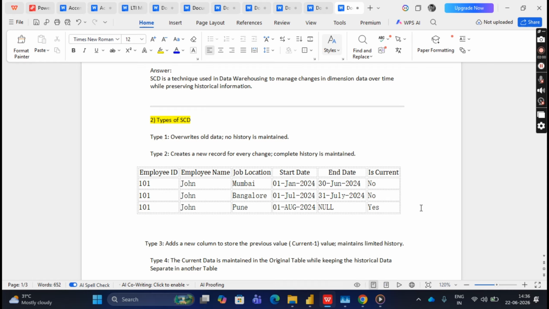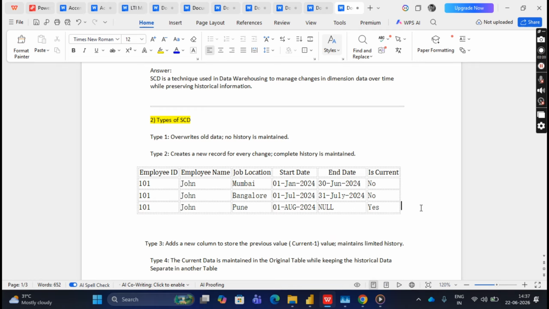So in SCD type 2 the current data as well as the historical data are maintained. For the current data, the end date is given an arbitrary value or a null value to verify that this is the current location or the current data.